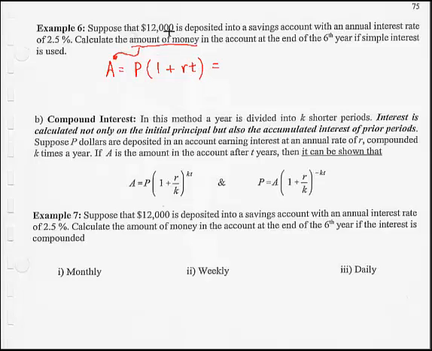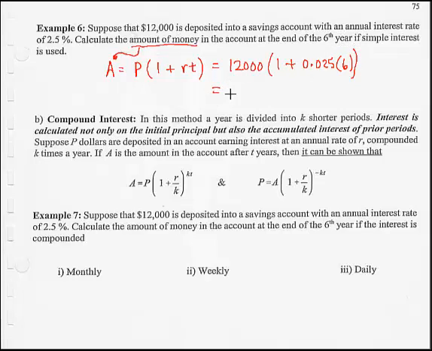$12,000 was deposited initially. So $12,000 is our P, our principal. 2.5 is our rate, and so in the formula, I enter 0.025. And then for T, we have 6 years.